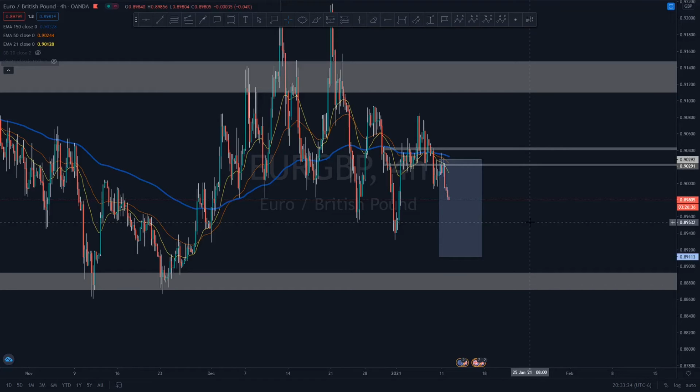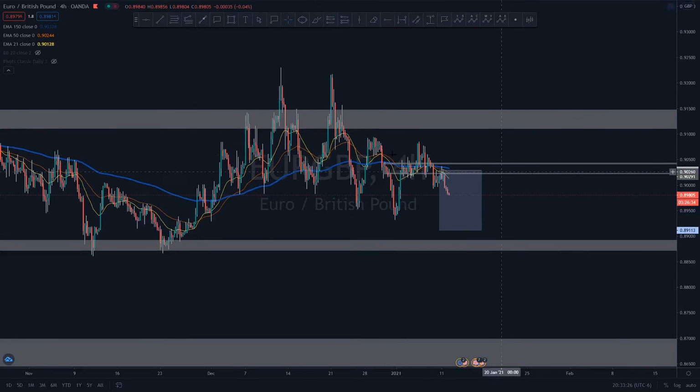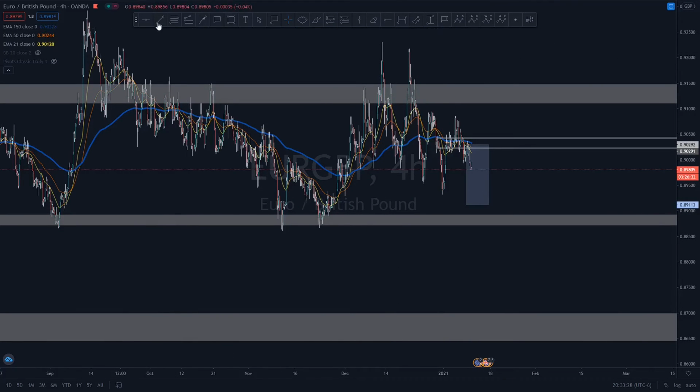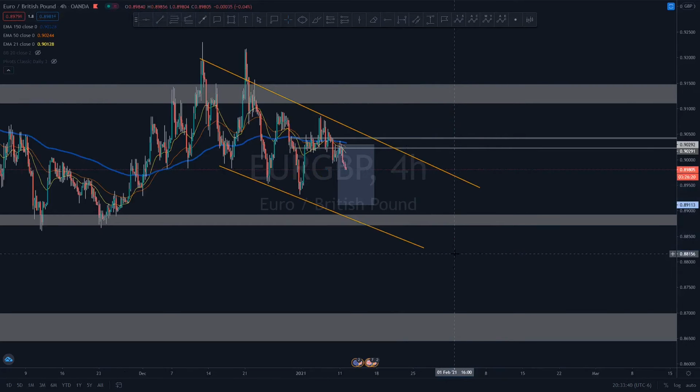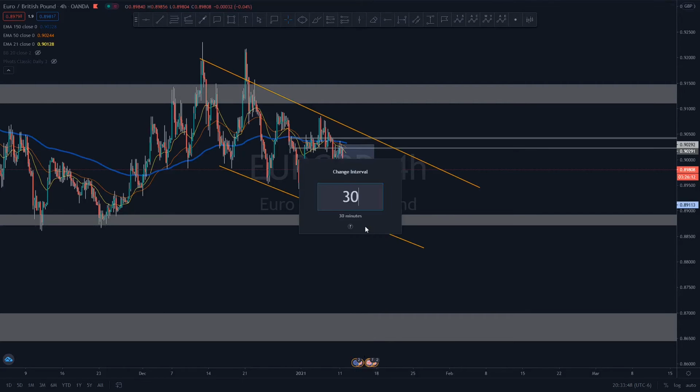So I'll go through it real quick one more time. So first thing I did was I identified the structure, seeing that it was in a downtrend, right? So it's trending bearish. So the only thing I want to look for is sells, right?